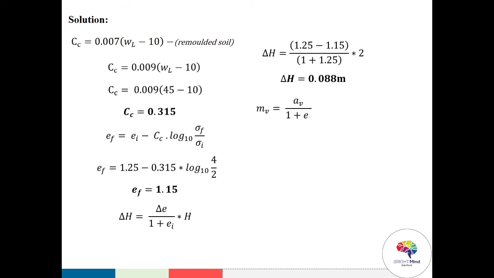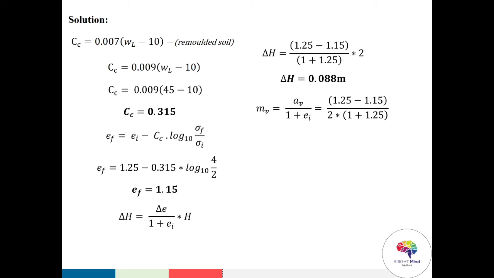Now we'll find out the coefficient of volume change, which is expressed as av upon 1 plus e i. Now av is the coefficient of compressibility, which can be found using the expression delta e upon delta sigma.